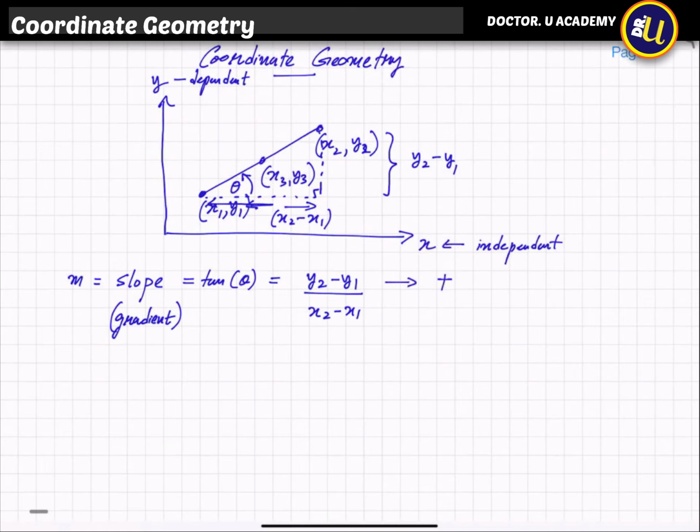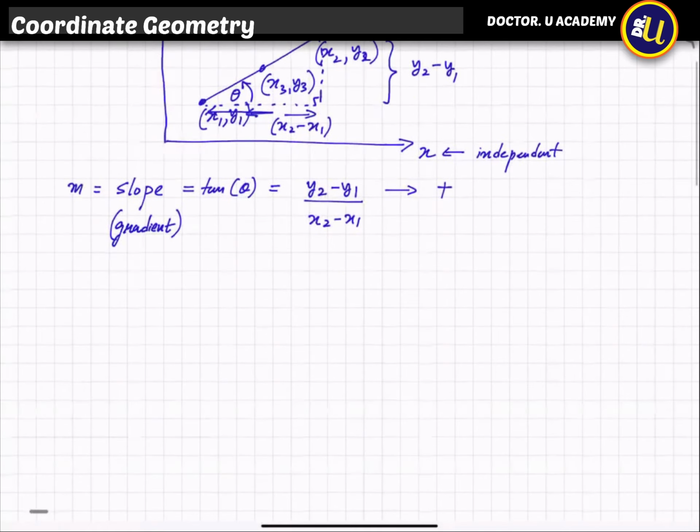Now if you have a slope like this, the theta value is greater than 90 degrees. So obviously tan theta is going to be a negative value. That means the gradient slope is a negative value.